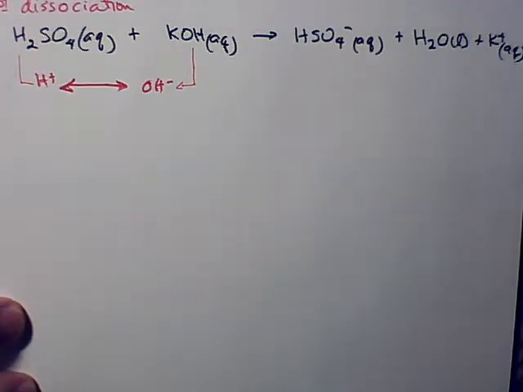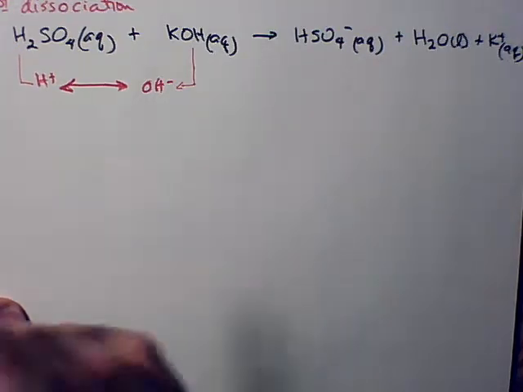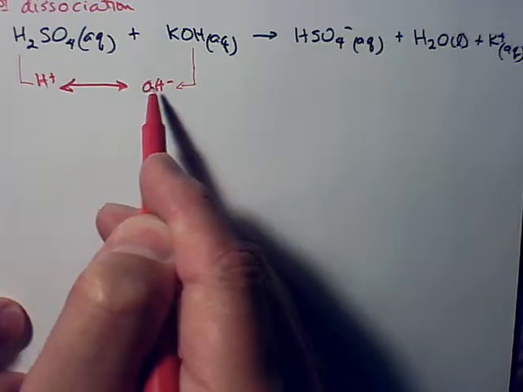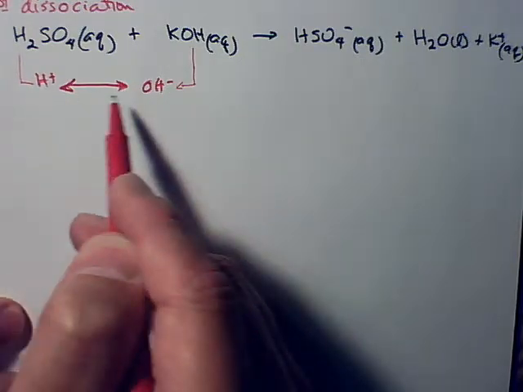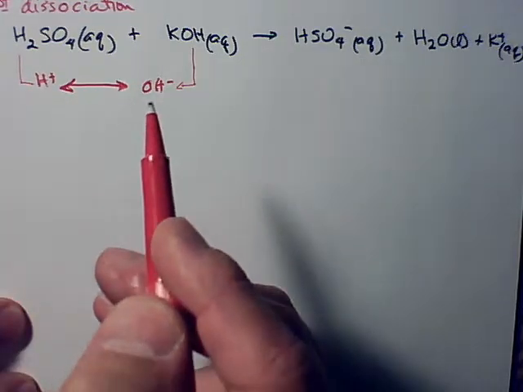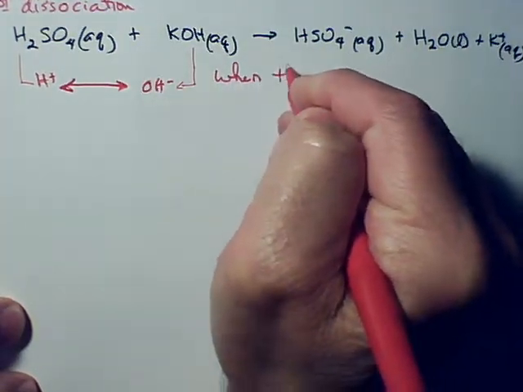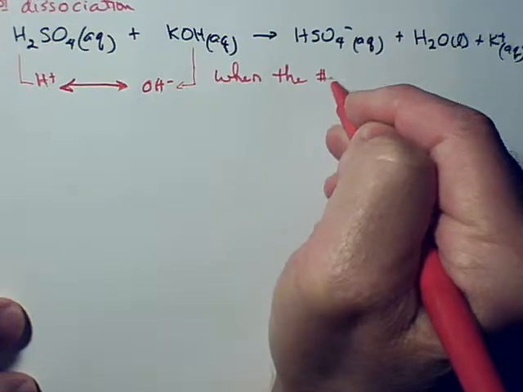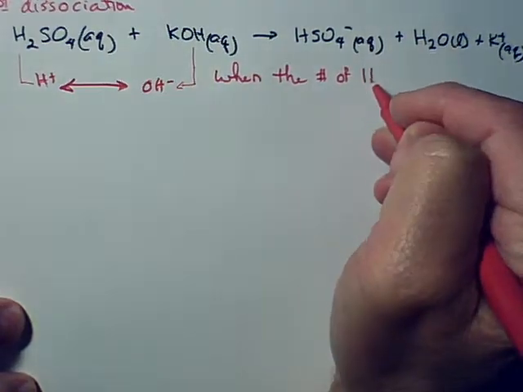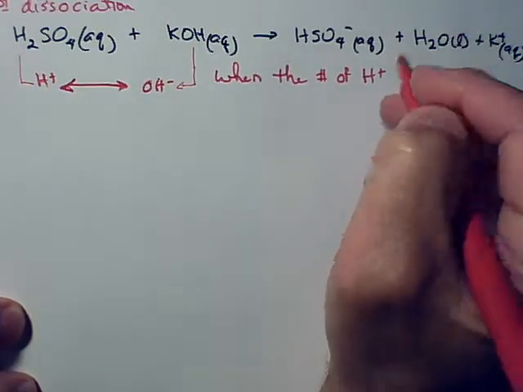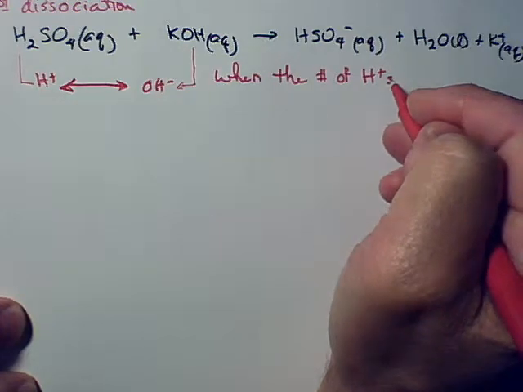What you want to do is illustrate what's happening in the most practical way. But what we're doing here, since we're neutralizing an acid with a base, we're pulling a hydrogen off and joining up with a base. When the number of hydrogens and hydroxides are equal, would you get the same thing if you added the water and then took the results of that and then did it with the base?